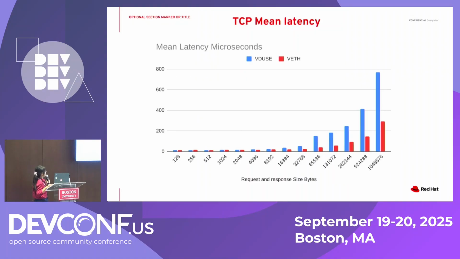And this picture shows the TCP latency, and the pattern looks quite similar to TCP throughput. For small packets, VDUSE has advantages, but for large packets, VDUSE falls behind.